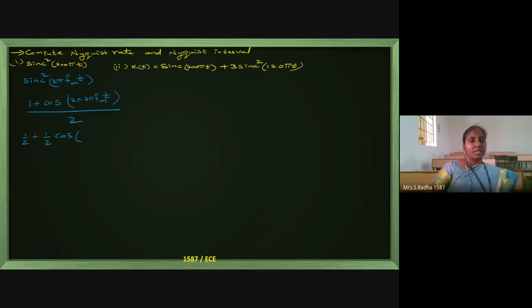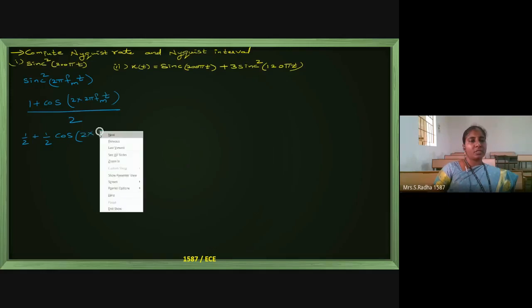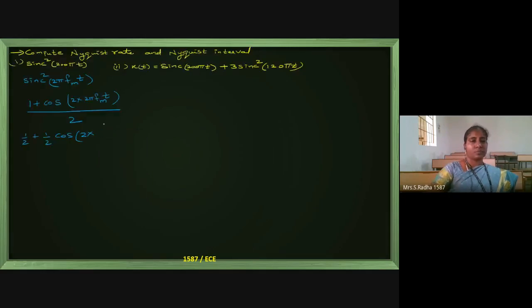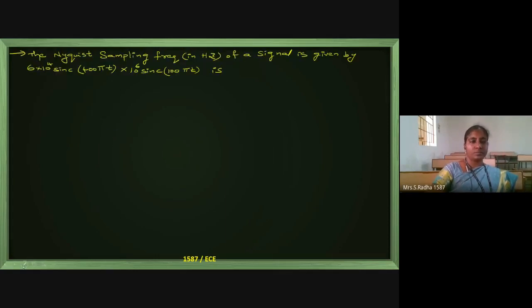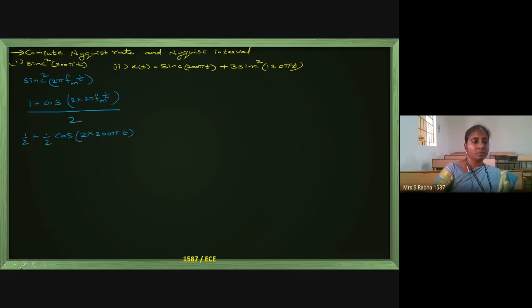So here what I will take, 2 into 2 pi fm value, which is already in the question, 200 pi t. As per the question, it is 200 pi t. So what I have done here is, I have taken this 200 pi t directly over here.